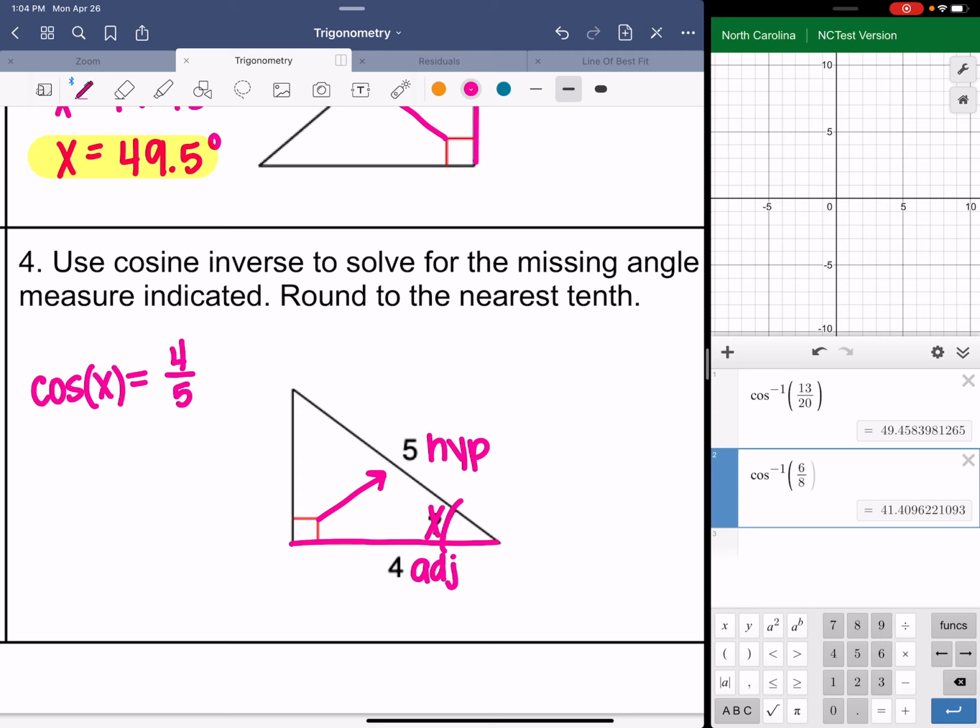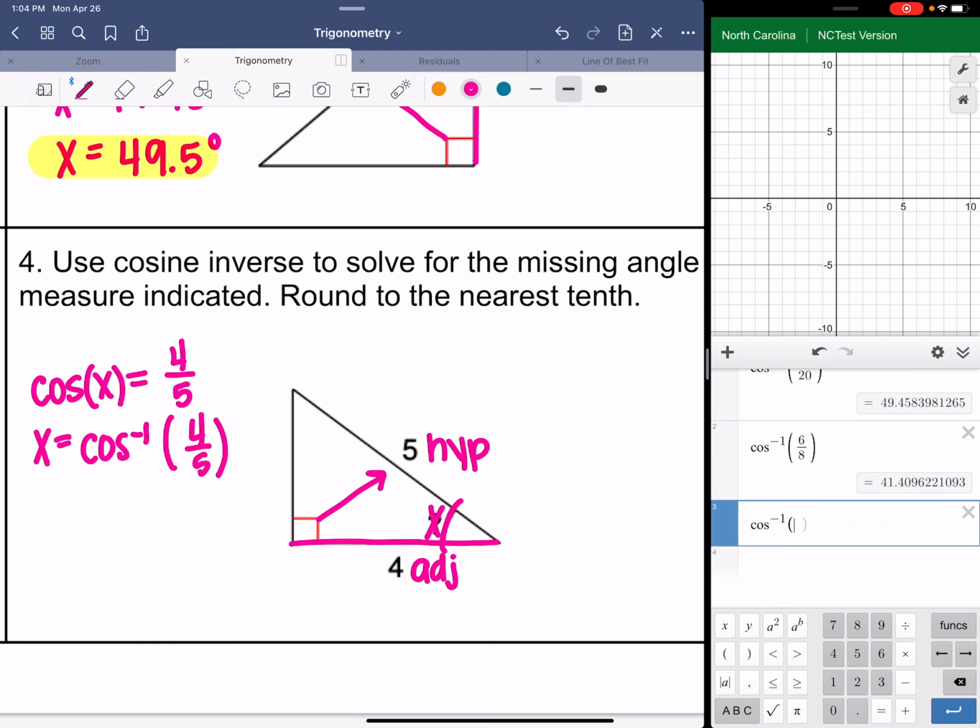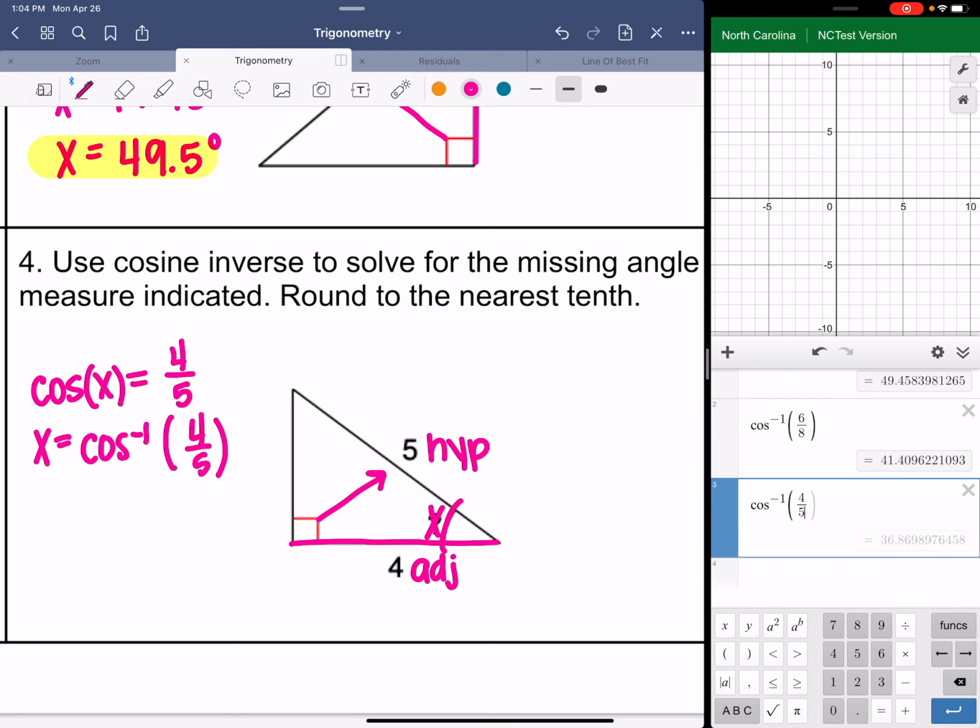Take the cosine inverse, so X equals cosine inverse of 4 over 5. And calculate that in Desmos. That angle measure is 36.86. And we're rounding to the nearest tenth, so that would be 36.9 degrees.